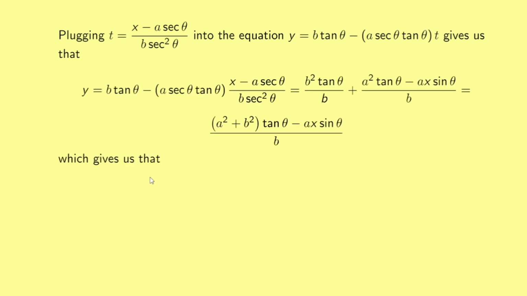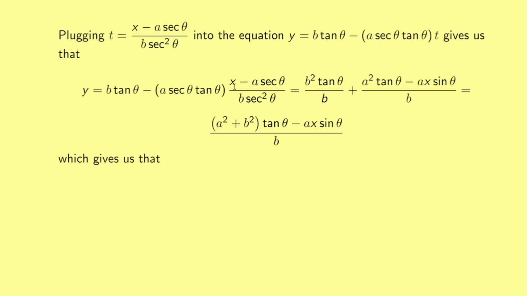So we have here y equals b times tangent theta minus a times secant theta times tangent theta multiplied by the t we obtained, so x minus a secant theta over b secant squared theta. Now we are going to simplify a bit. We can multiply and divide by b here, we don't change anything.